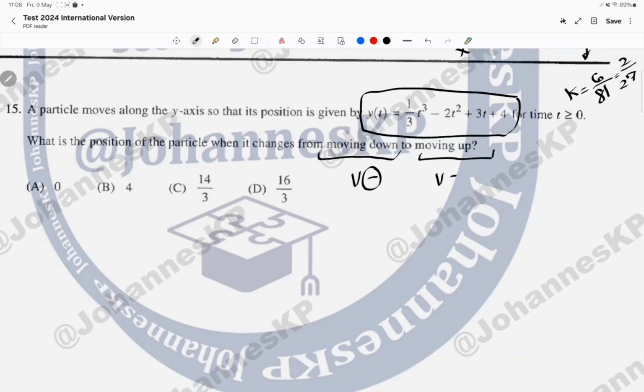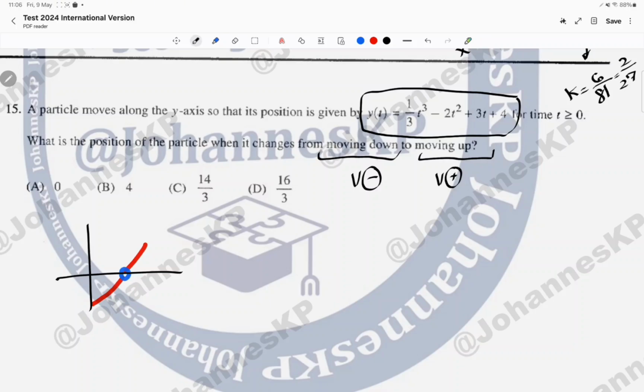Moving up means the velocity is positive. So of course, to go from negative to positive, it has to become 0, right? What they're actually asking you to do is to find the velocity equation and find out when it becomes 0.